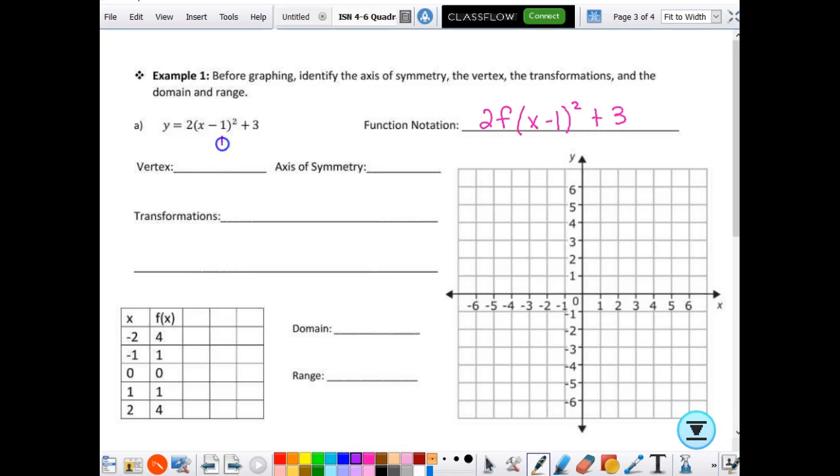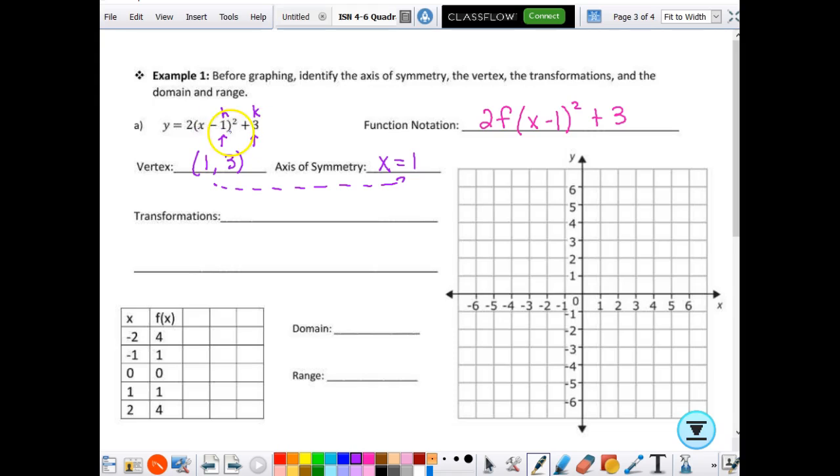Okay, so the vertex, we practiced that the other day. This is your h. This is your k. The vertex, the h is going to lie, but the k is going to tell the truth. The axis of symmetry is the x of the vertex. Okay, so it's 1. Let's talk about what this graph is doing.